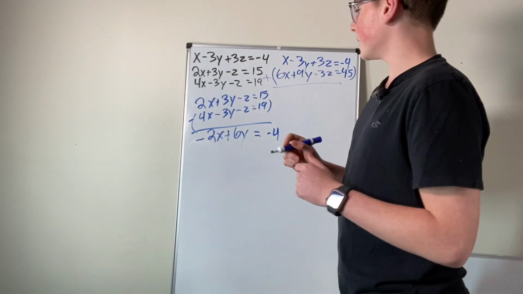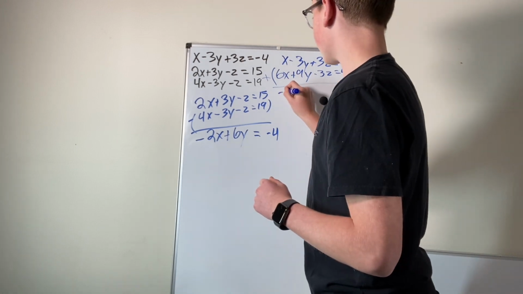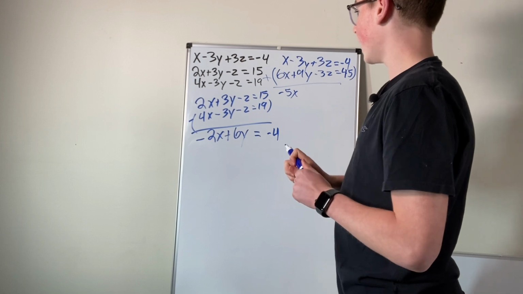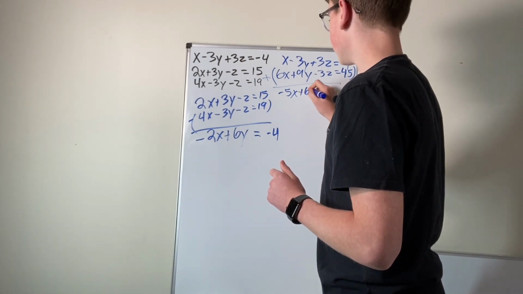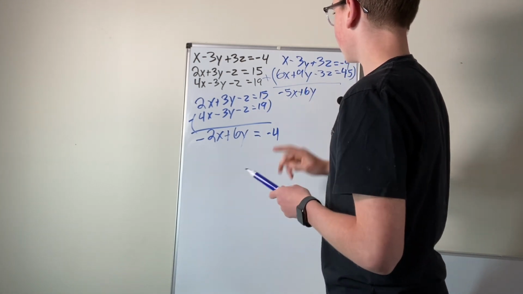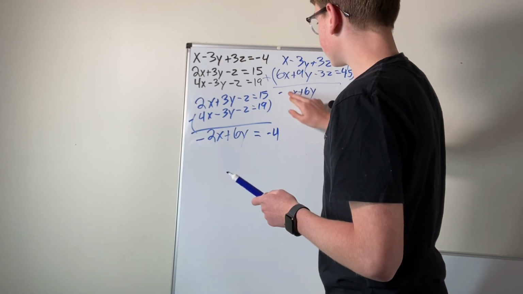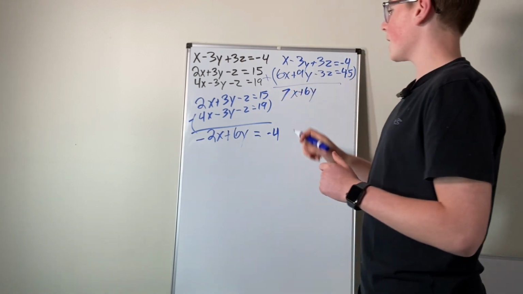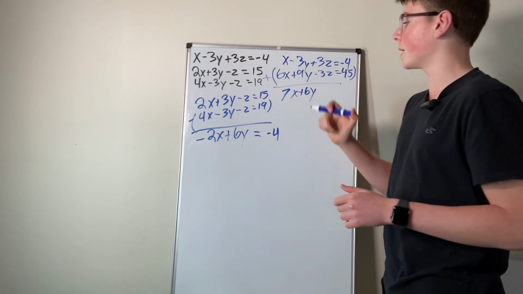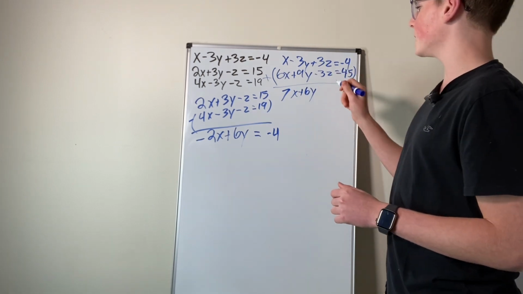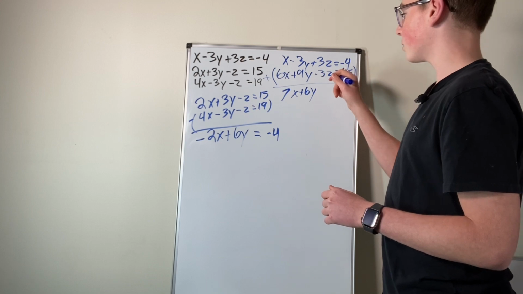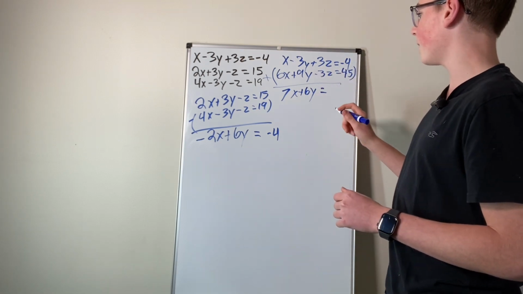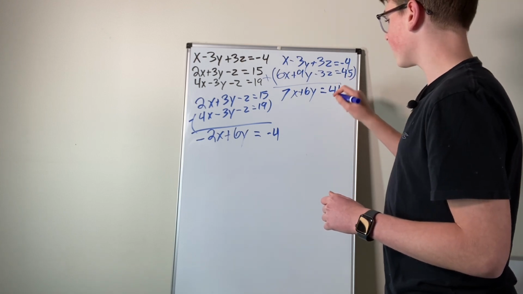So x plus 6x would be 7x. Negative 3y plus 9y is 6y. And 3z minus 3z is 0. Negative 4 plus 45 is 41.